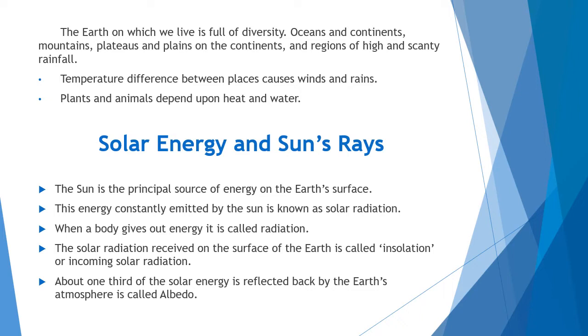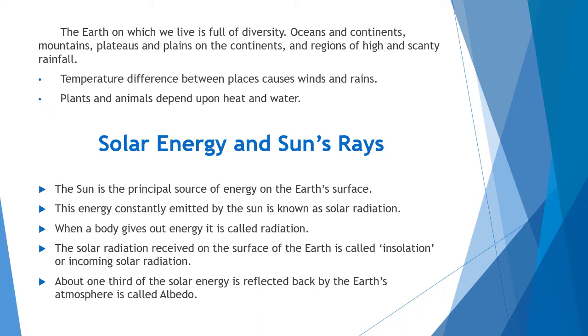In this lesson everything depends upon temperature. Now we are going to learn how we get the temperature and how it spreads. Now you see solar energy and sun's rays. The sun is the main source of energy on the earth's surface. We know that every day we get day and night, and on the day we get the sun's rays, which always provide us heat and light.